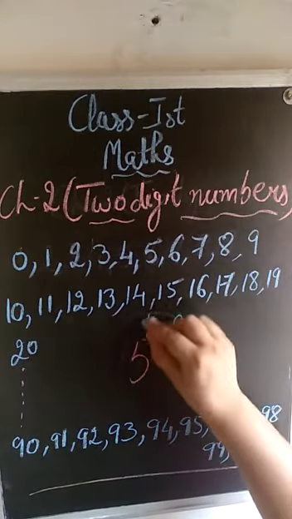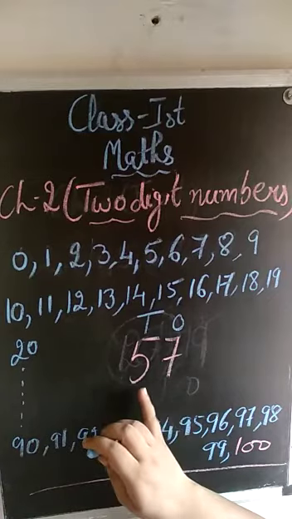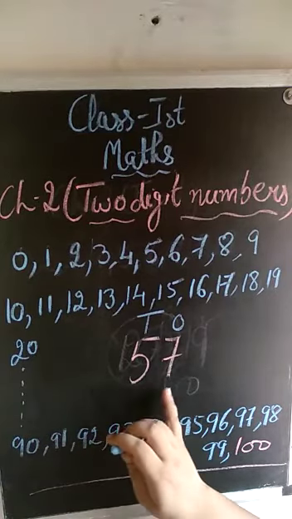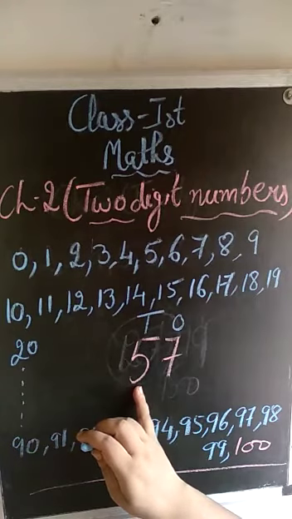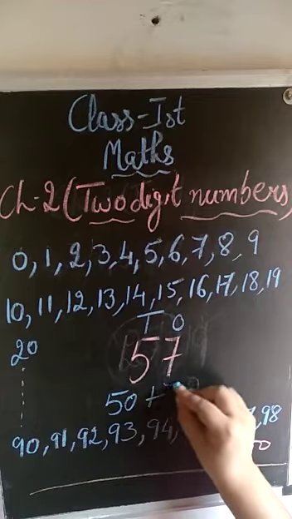I am not saying 5, 7, I am saying 57. For 5 I am using the word 50. That means its value is not 5, its value is 50. And the value of 7 is 7 only.